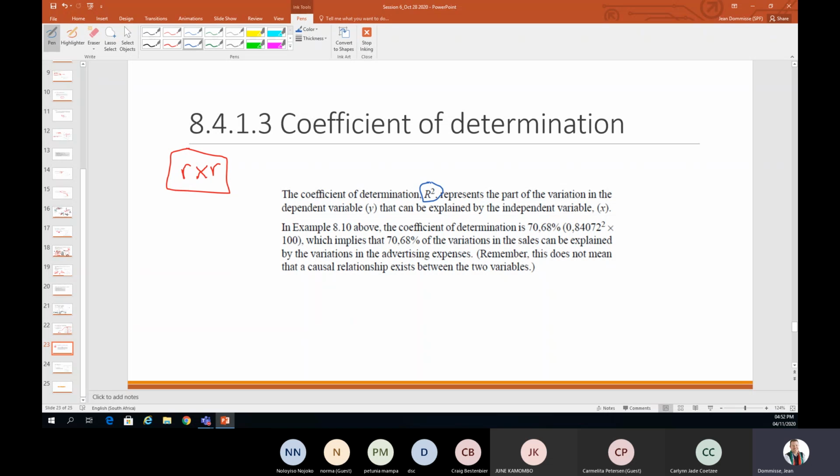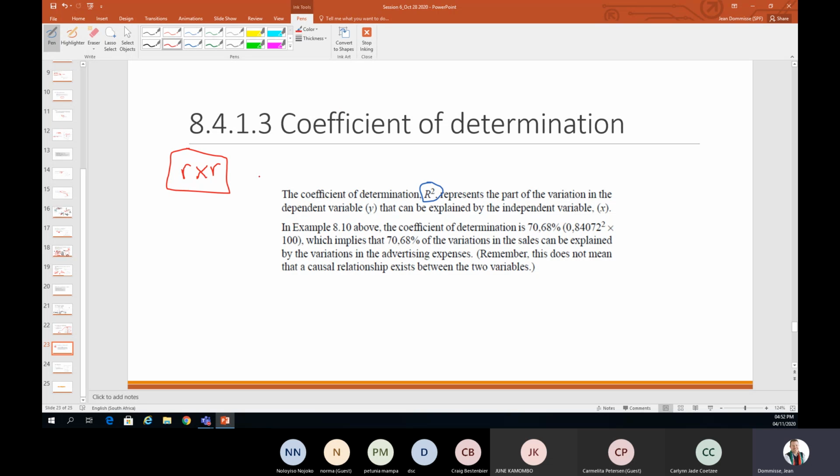So what I've seen a lot in exams is that they like this phrase: the coefficient of determination represents the part of the variation in the dependent variable y that can be explained by the independent variable x.